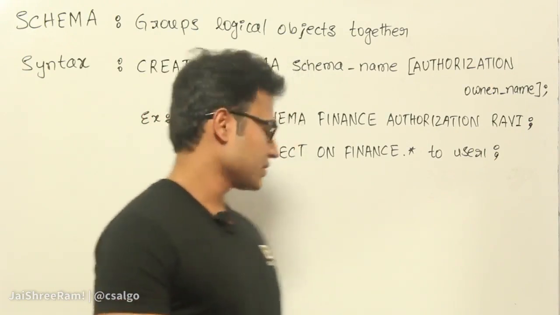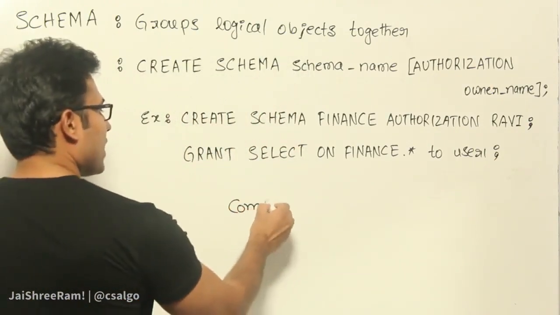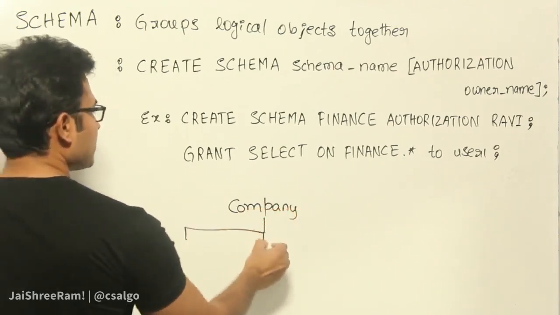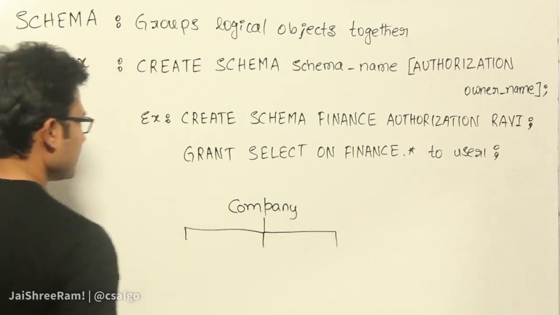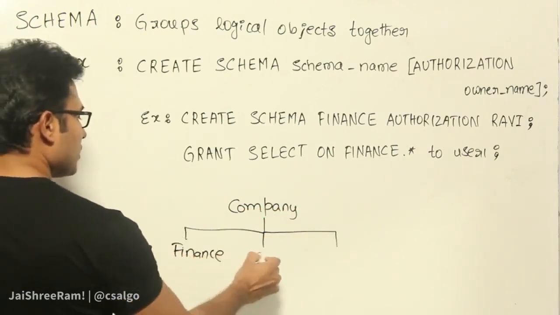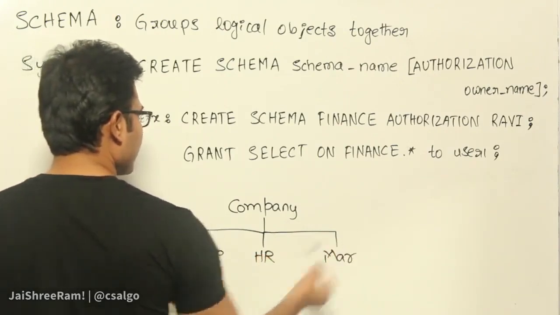So what I mean to say is, let us say there is a company, and in this company you have various departments, let's say finance, HR, and marketing.